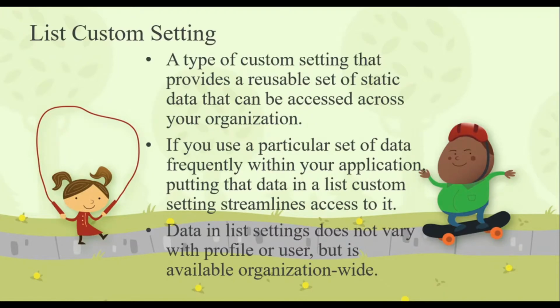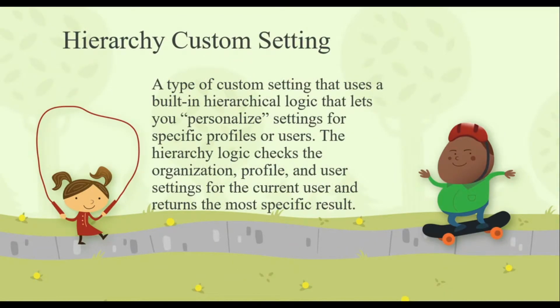Everyone could see that. Moving over to the hierarchy custom setting, it is a setting that has built-in hierarchical logic. What it does is personalize your settings for particular profiles or users. That means some data is visible only to particular profiles as listed by us, and over that data we could perform various use cases.